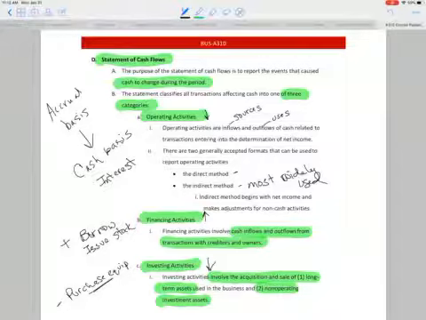The interest is a cost of financing that particular transaction. And the fact that we finance that in order to run our business, that's a cost of doing business. So interest is considered a cost of doing business and therefore is an operating activity.